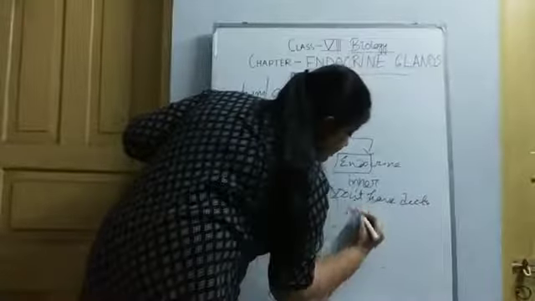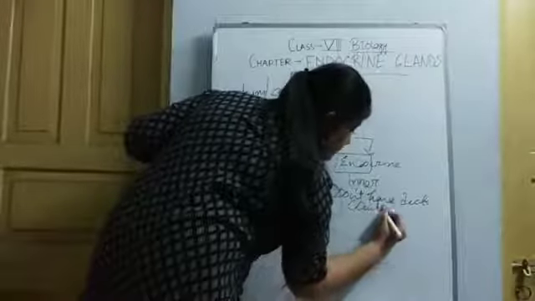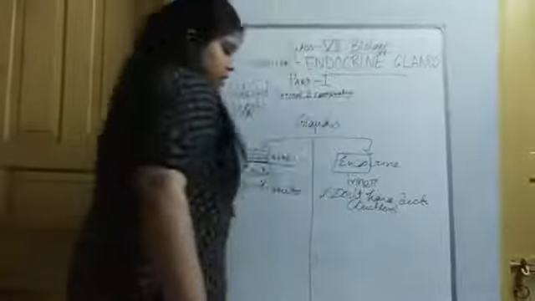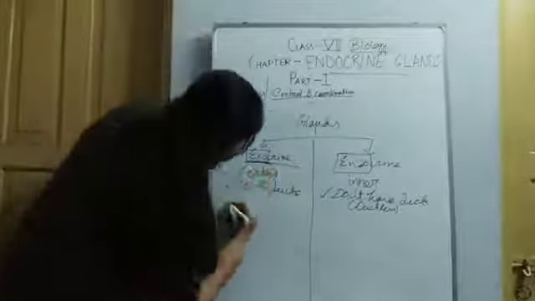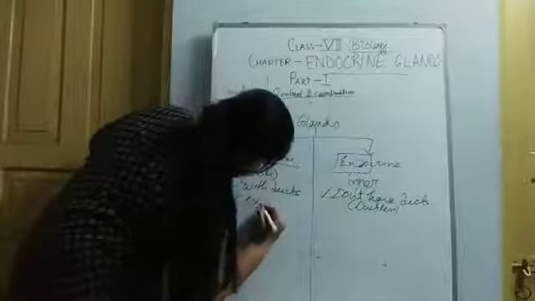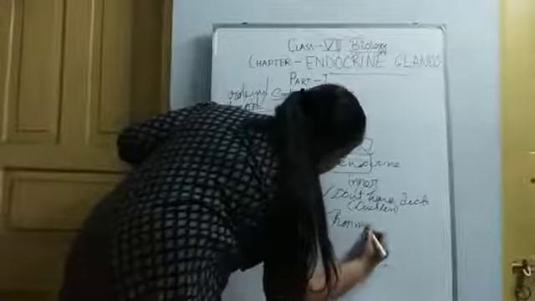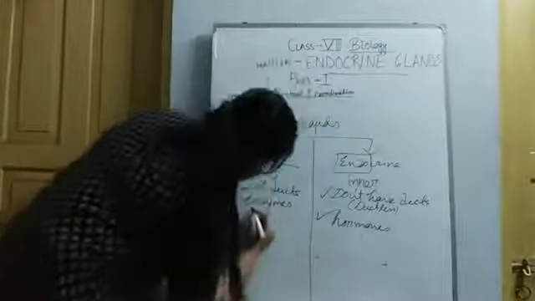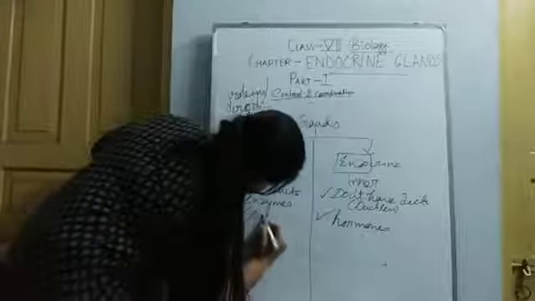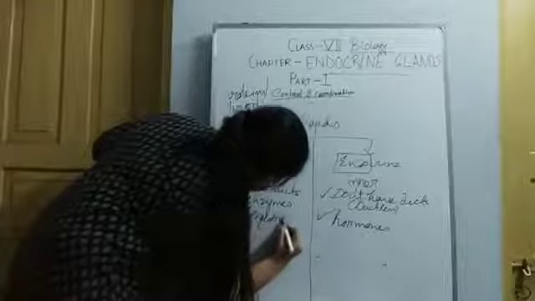So they are ductless. Secondly, the exocrine glands produce enzymes and the endocrine glands produce hormones. The enzymes are mainly used for the digestive system, okay? Digestive enzymes.